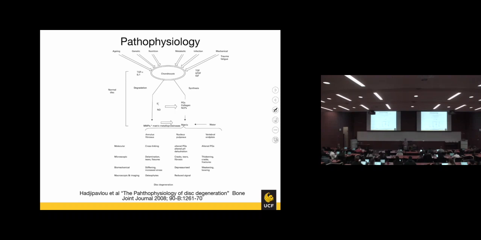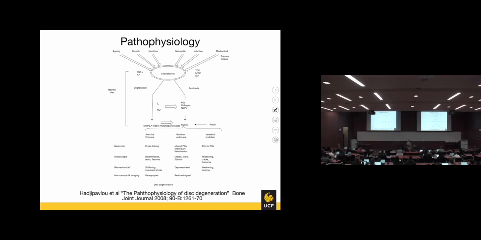This is an overview. I used to joke with people, just memorize this and you'll know all the basic science. But anyway, recognize that there are aging factors, genetic factors, nutritional factors, metabolic factors, infection, and then mechanical factors, all giving you input into the disc.